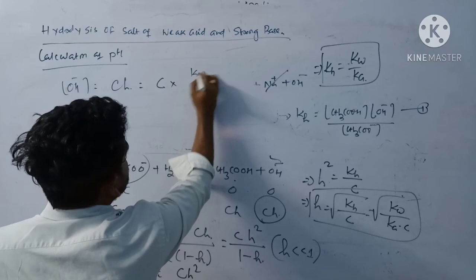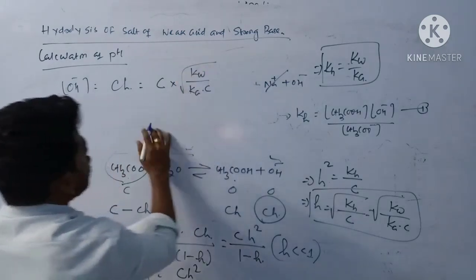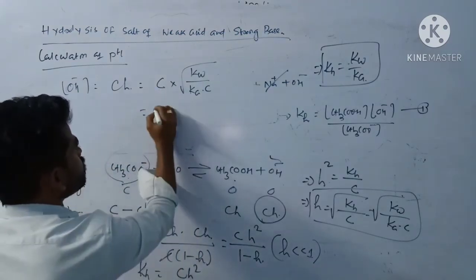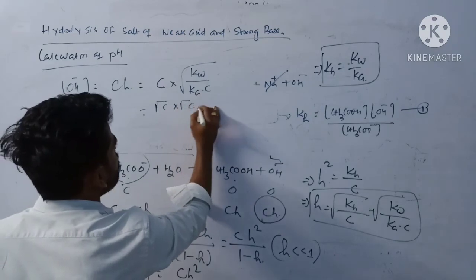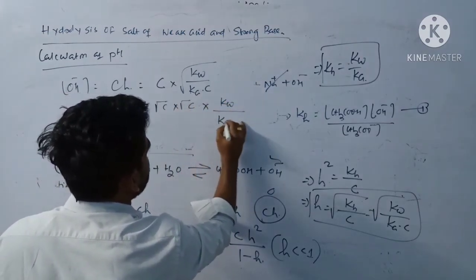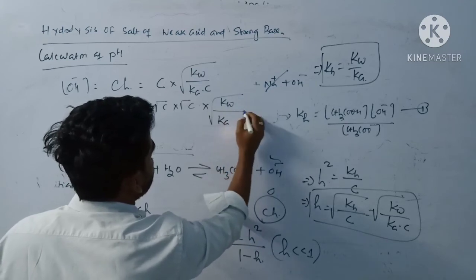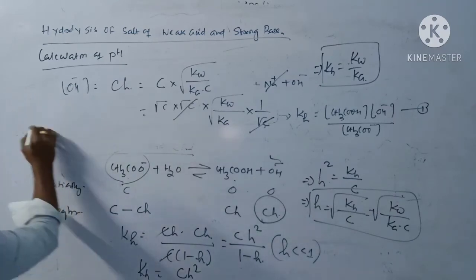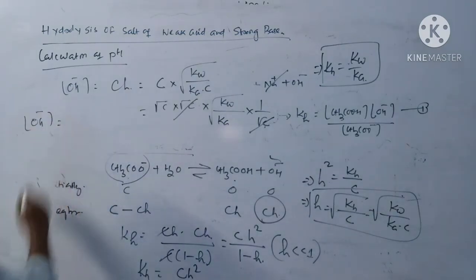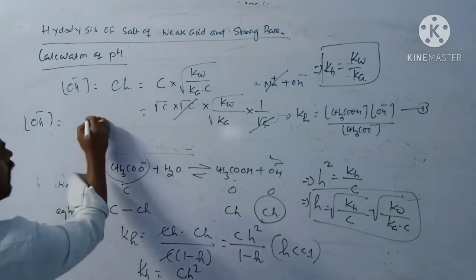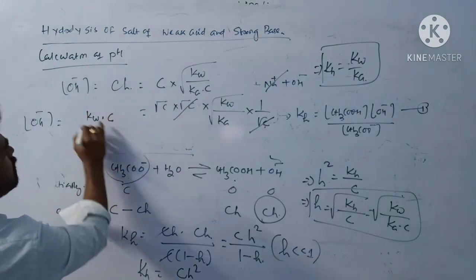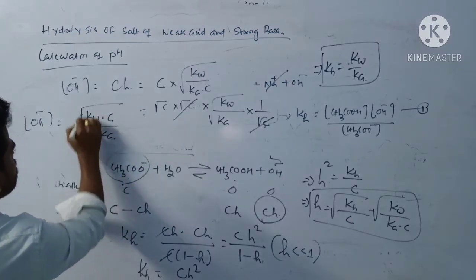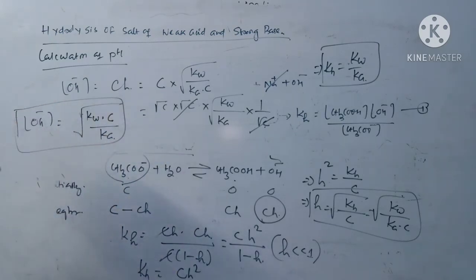Root over KW by Ka into C. So finally this can be written as root C into root C, root C into root over KW by Ka into 1 by root C. So root C gets cancelled. So the concentration of OH minus will be equal to root over KW into C divided by Ka. So this is the concentration of OH minus.